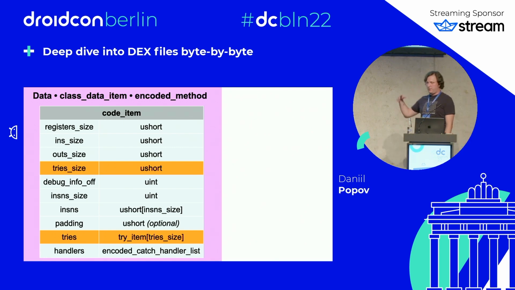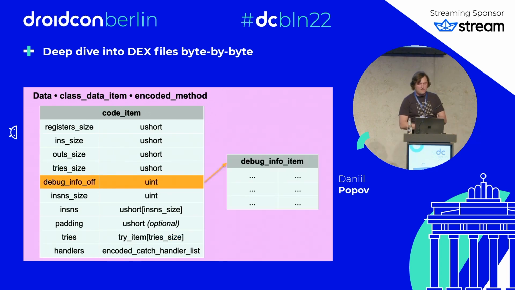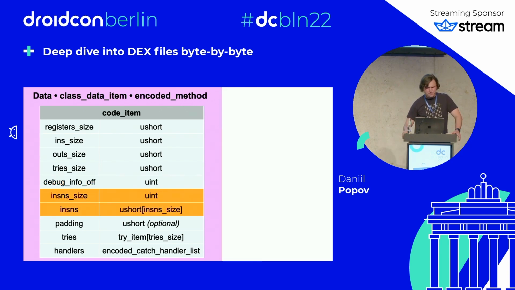That here's how we encode the try catch finally structure in Kotlin and Java. That's what try item exists for. Okay, also we have this debug info item, which contains some debug information about this code. There are a lot of things to cover. Maybe it deserves a dedicated talk. So let's skip it for today.